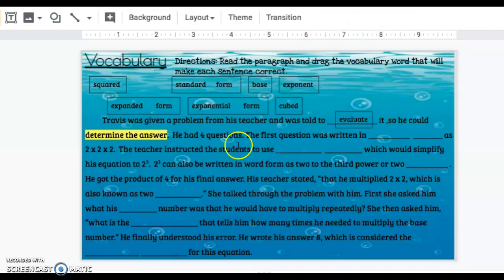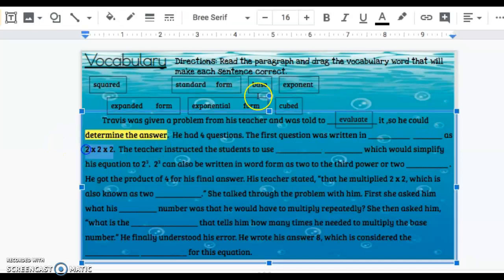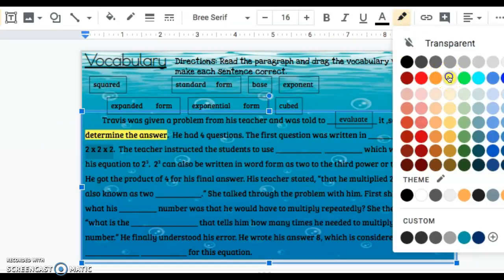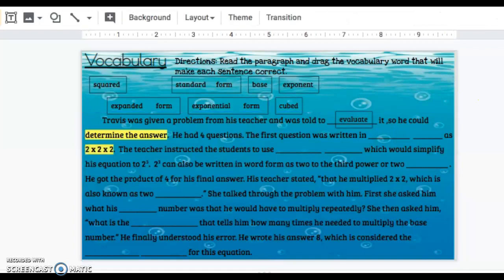Okay, so Travis was given a problem from his teacher and was told to evaluate it so he could determine the answer. He had 4 questions. The first question was written in blank blank as 2 times 2 times 2. So 2 times 2 times 2, that is our key context clue in that paragraph that's going to tell us what word to place in that blank spot.